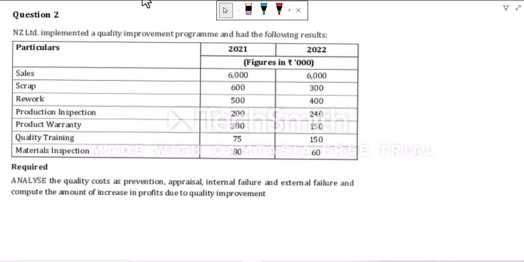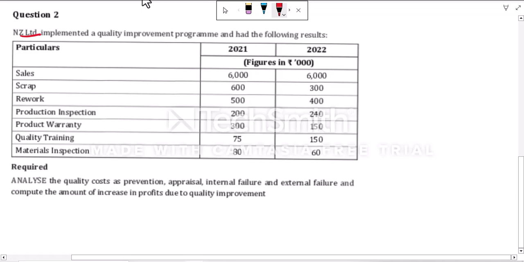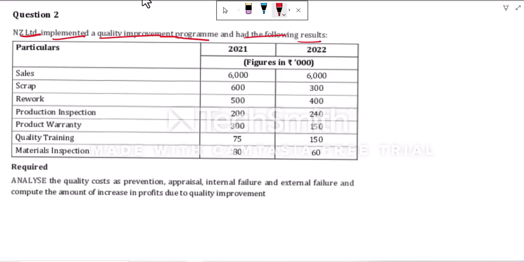Coming to the second question: NZ Limited implemented a quality improvement program and had the following results. See, in 2021 they have this much of quality costs, and in 2022 they have implemented the quality improvement program, and they have this much of total quality cost.